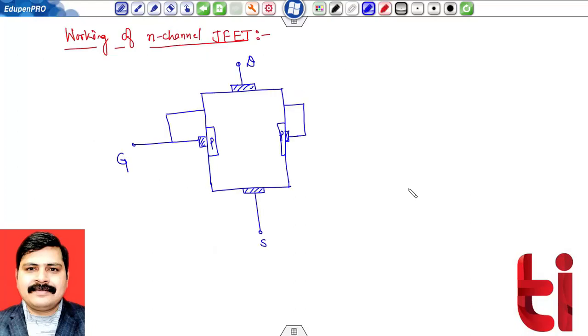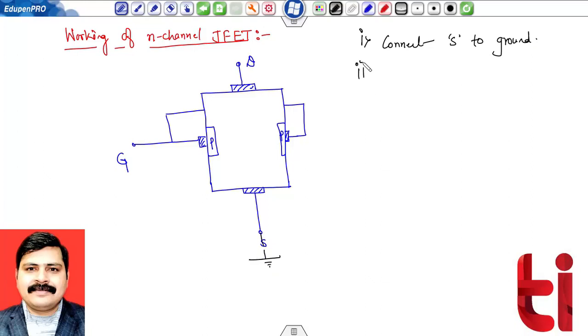For the working, there are a few steps. Step number one, connect source terminal to ground. That means I have to connect this terminal to the ground.